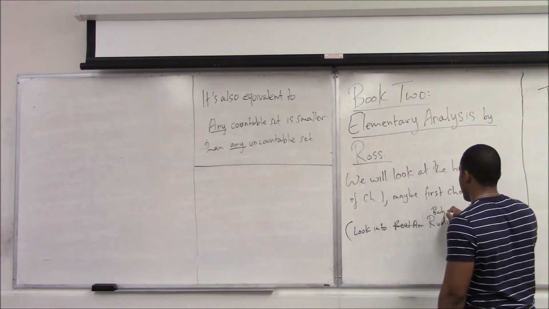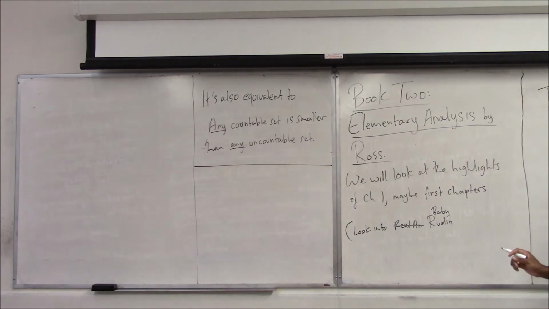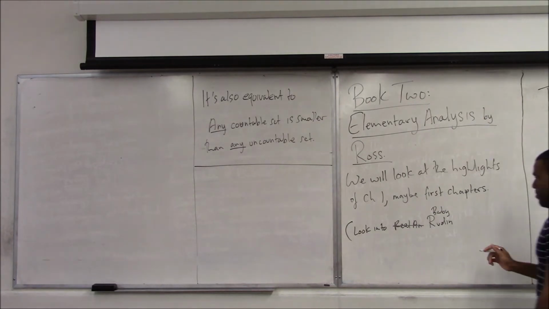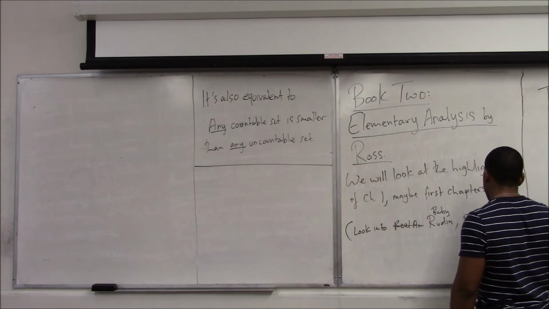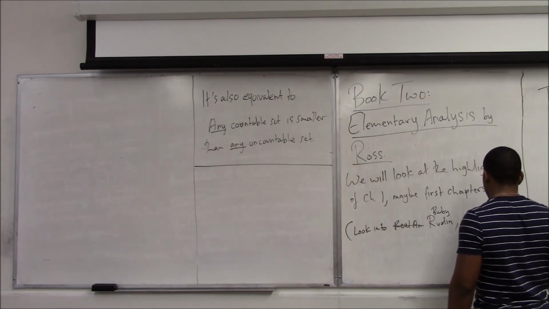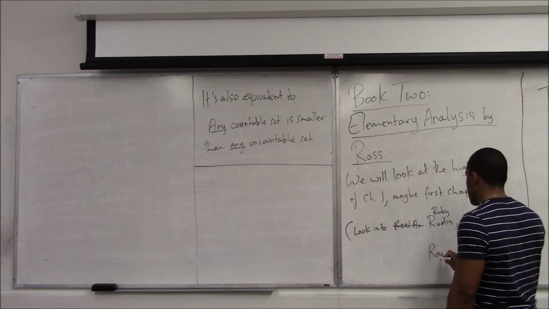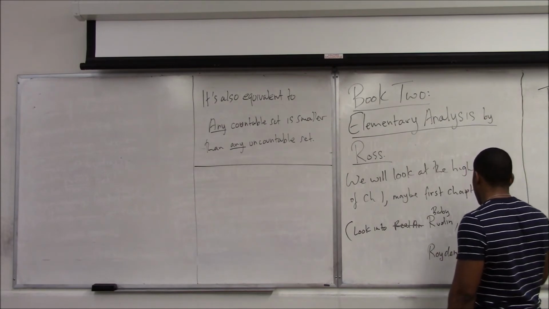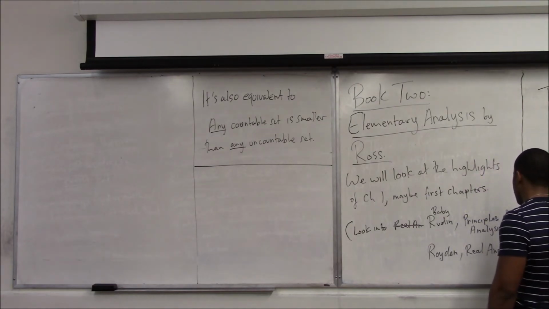It's called Baby Rudin, because Rudin wrote 2 books on analysis, and one of them is super difficult. Baby Rudin's Principles of Analysis might be one that a professor would choose. Real Analysis by Royden is probably another one. So if you can get your hands on these books, just browse through them.